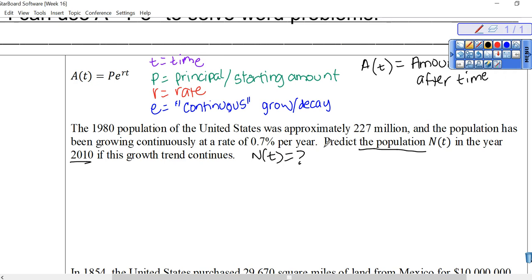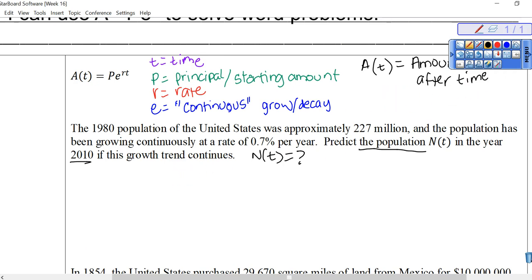If the population is growing at less than 1% per year, do you think my population is going to be in the billions? Or do you think it's going to stay in the hundreds of millions? Hundreds of millions. So a smart mathematician is going to think, okay, I can probably go ahead and leave my initial amount in the hundreds, and then we can just tag million onto our answer when we're done.